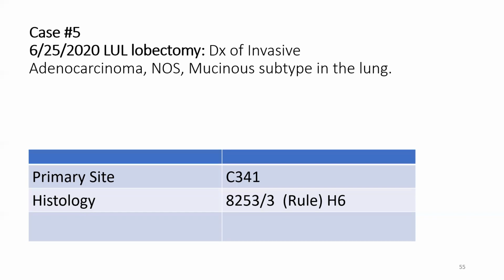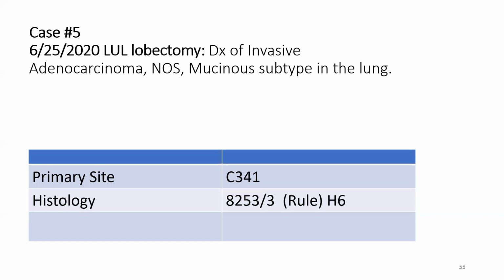Going to the single tumor histology rules, working through what we have, adeno, NOS, and a mucinous subtype. So that, remember, H1 and H2 do cover mucinous, but we don't have a pure mucinous tumor. We have an adeno with mucinous.